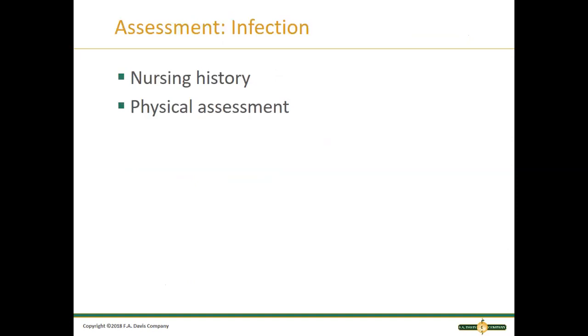An assessment on infection. So when you're looking at someone and you're going to do your assessments, you're going to gather the nursing history. What medical history do they have? Do they have a family history? What is truly going on with them? Some of the statements that you'll take from them, or questions that as part of the communication you're going to be asking them.